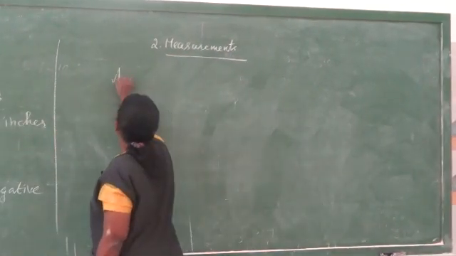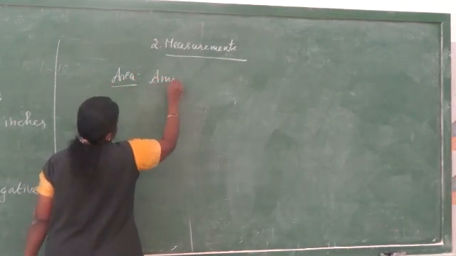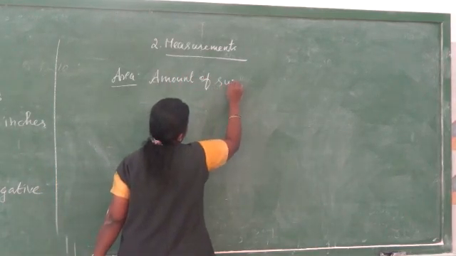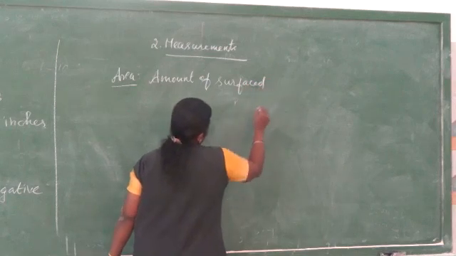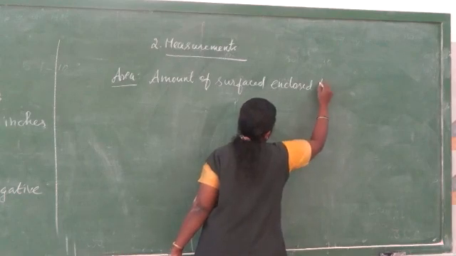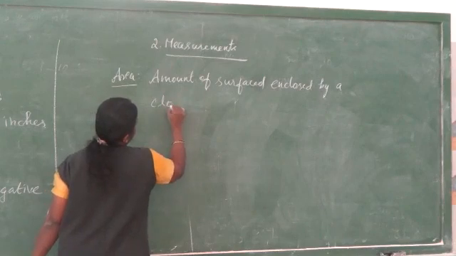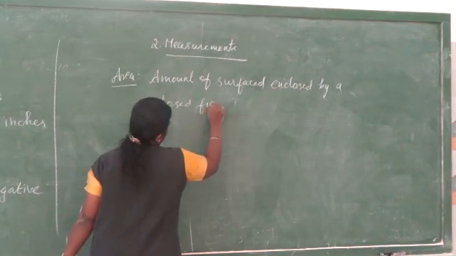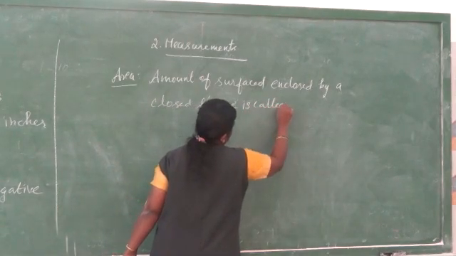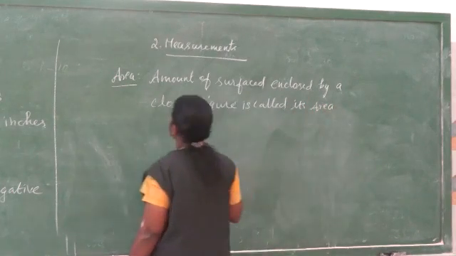What is meant by area? Amount of surface enclosed by a closed figure is called its area. What is meant by perimeter?